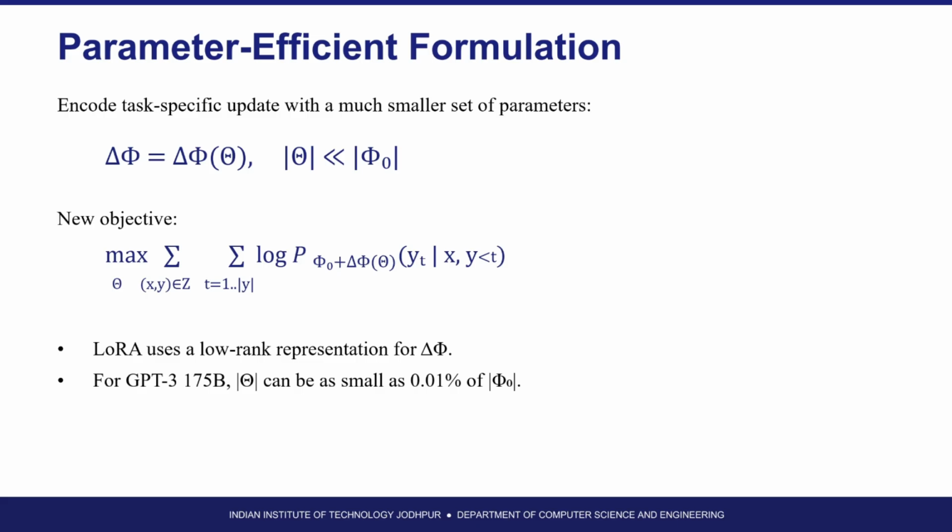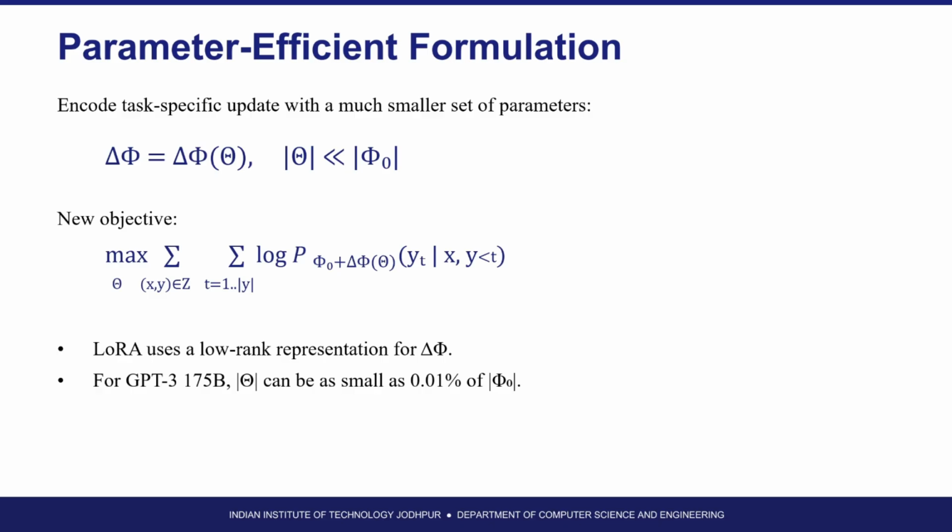The new training objective is the same, maximize the likelihood. Here we only change the parameters Theta. So LoRA uses a low rank representation for Del Phi. For GPT-3 with 175B parameters, the cardinality of Theta can be as small as 0.01% of Phi 0.